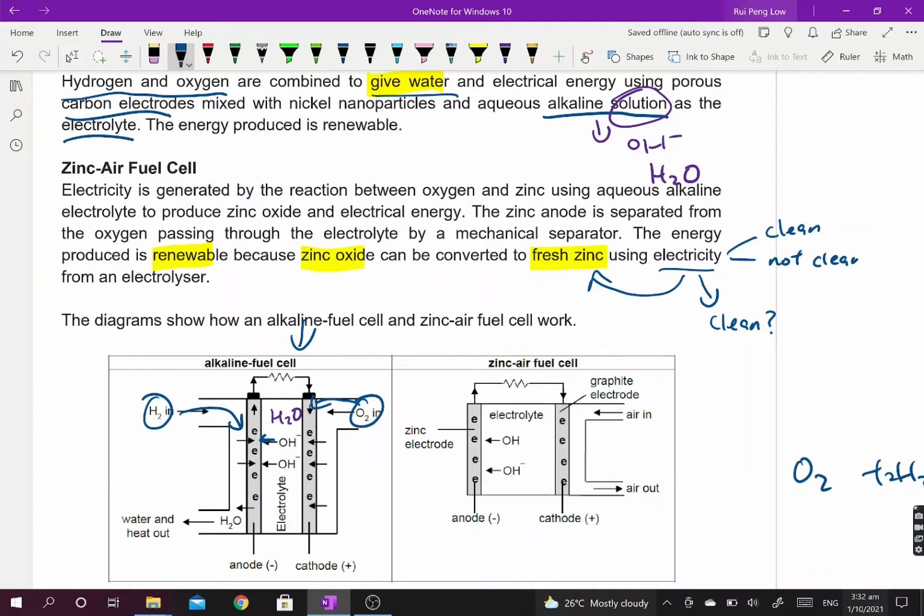So in a sense, this zinc air fuel cell is not pollutant free. But of course, you can also argue that if my electricity is coming from wind, solar, etc., then you can say that the electricity is clean and this entire zinc air fuel cell is environmentally friendly.